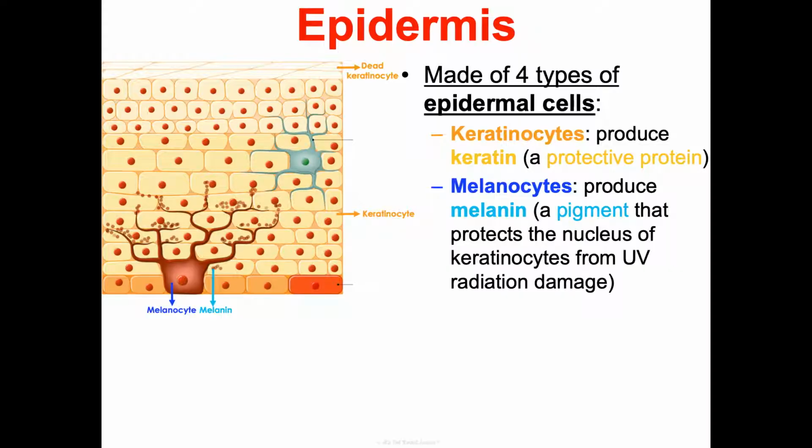Melanocytes are also what give our skin its color. We actually all have the same number of these types of cells, but the color of our skin varies based on the amount of these cellular extensions you can see that they have, and how much melanin those extensions contain in them. So that's what's going to determine the different colors of our skin.